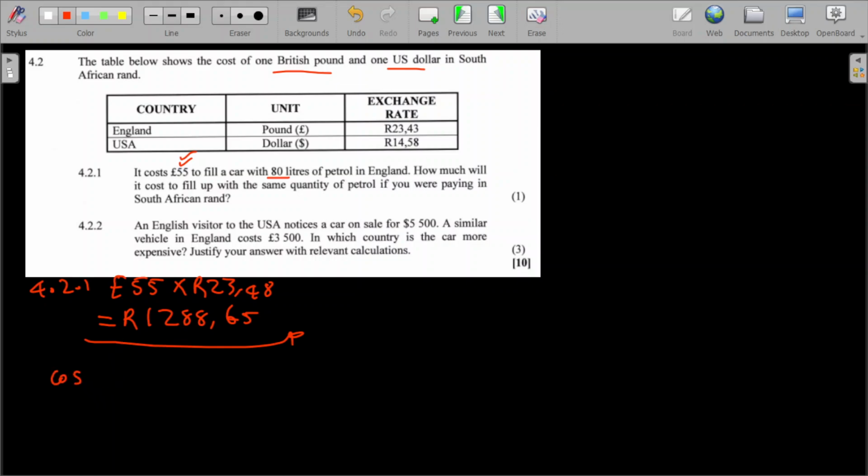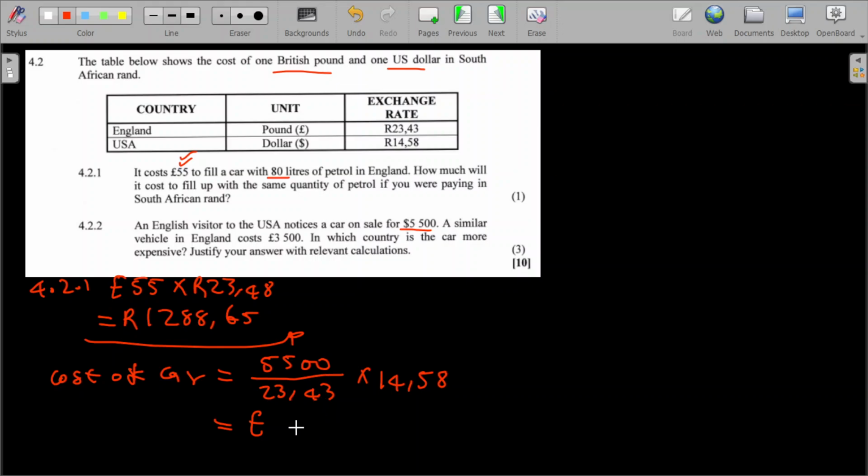Calculating the cost of a car in the USA, it's $5,500. We divide by the rate 23.43 and times by the US dollar exchange rate 14.58.